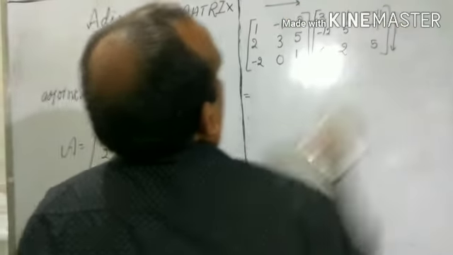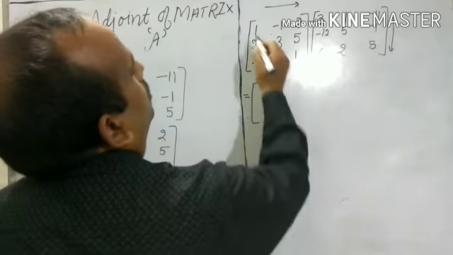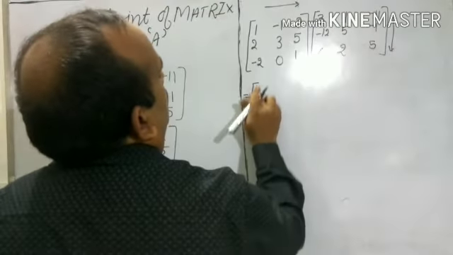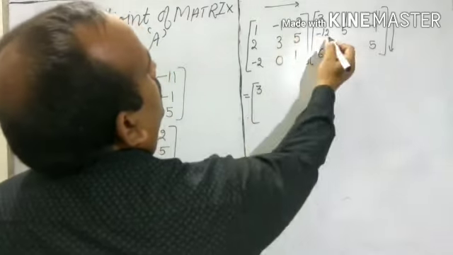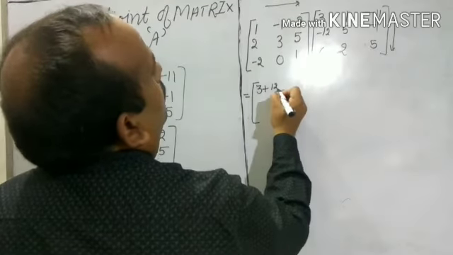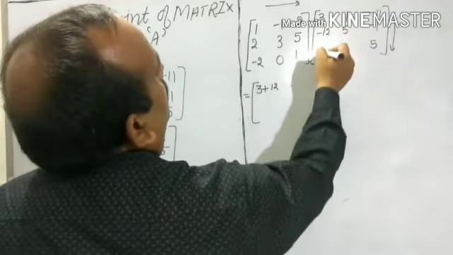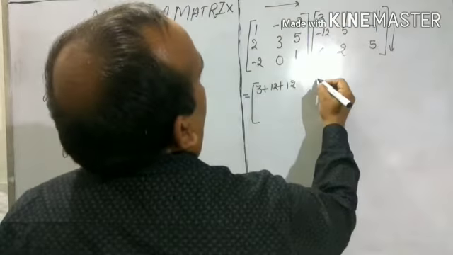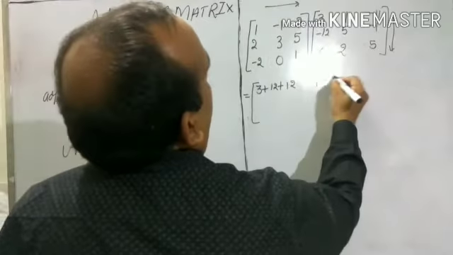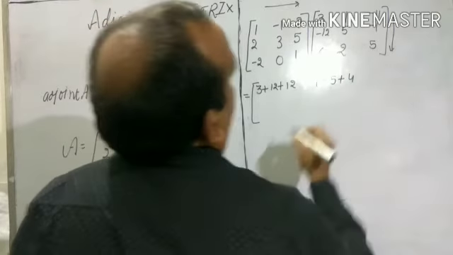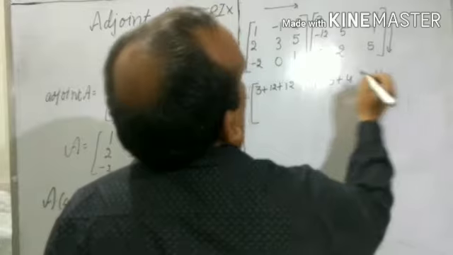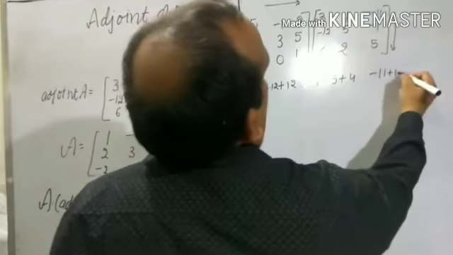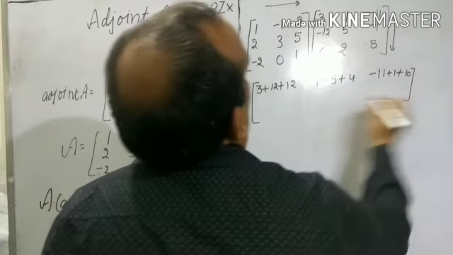Multiply row by column. It will be equal to 1 into 3 will be 3, plus 12, and plus 12. Next, row will multiply: we will multiply 1 minus 5 plus 4. Next is -11 plus 1 plus 10.